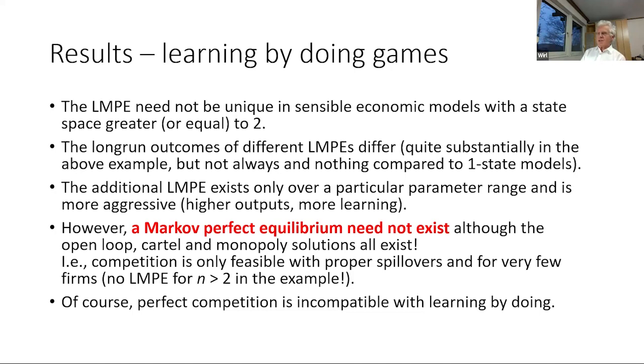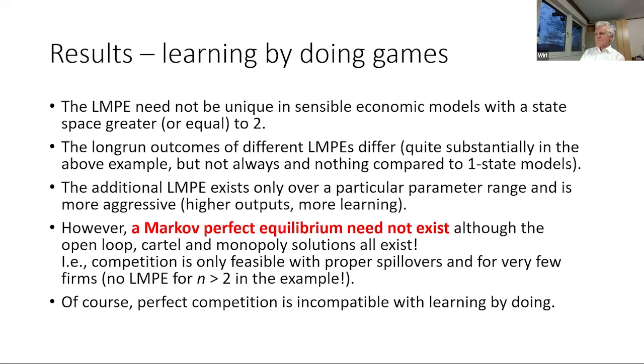The additional LMPE exists only over a particular parameter range and is more aggressive, which means it leads to higher outputs and more learning. However, and this is already mentioned, the economically less optimistic result: a Markov perfect equilibrium did not exist, although the open loop, cartel, monopoly solutions exist.